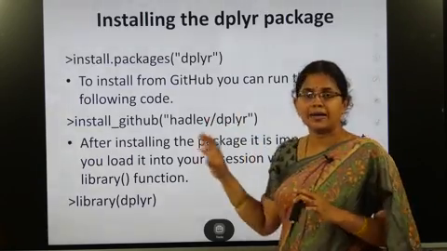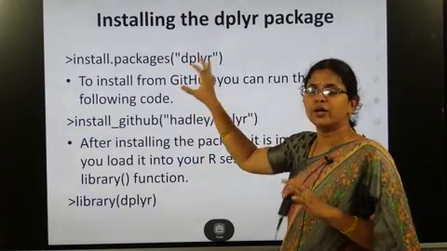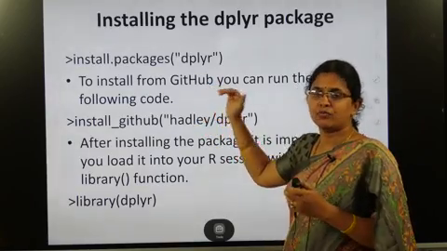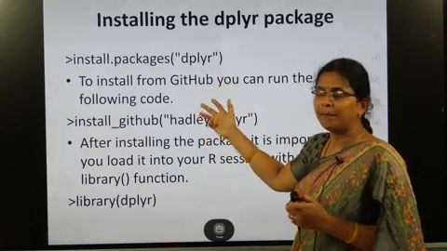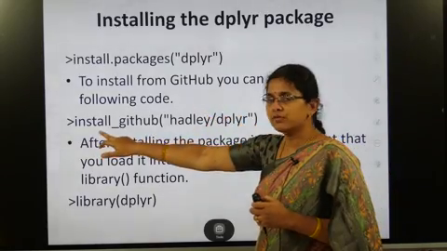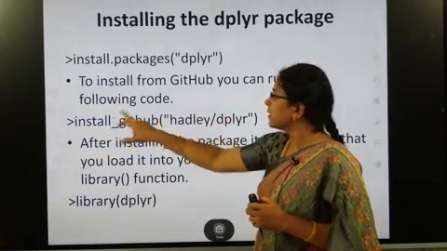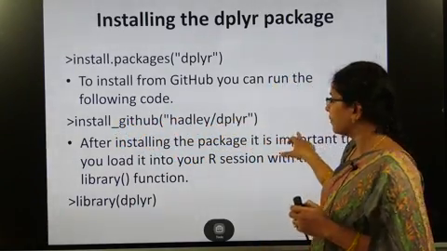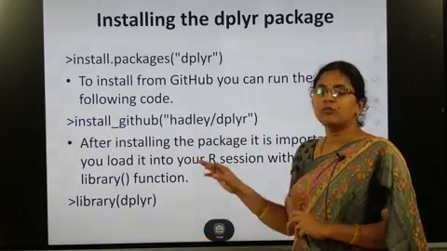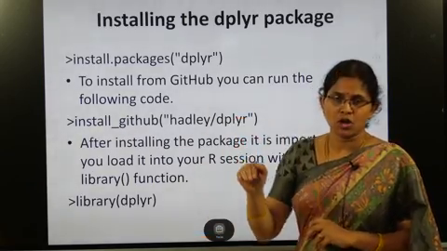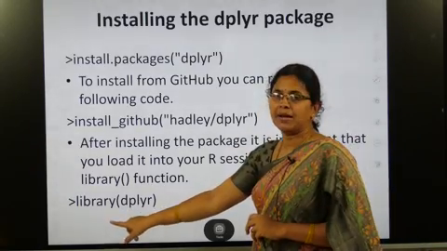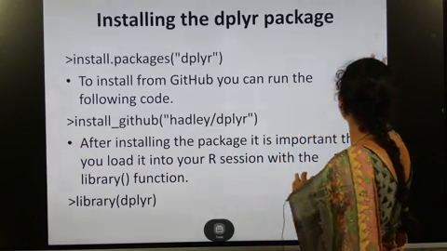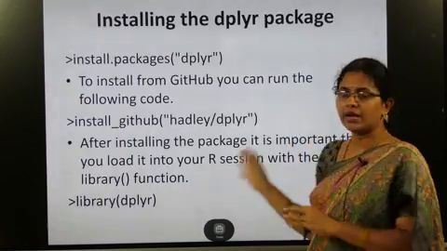So install.packages of dplyr is used for installing the Dplyr package to R, and if you want to install from GitHub you use install_github of hadley/dplyr. After installing, to load the Dplyr package into R, we compulsorily use the command library of dplyr. This is the way we can go about using the Dplyr package.